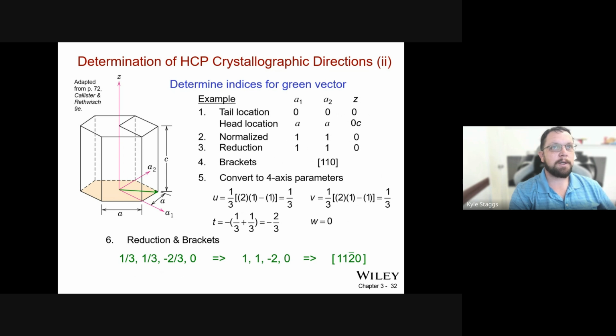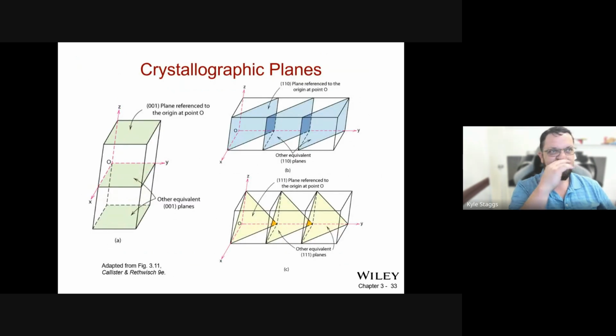And I'll see if I can pull in a couple additional helps for you guys to visualize a little bit more clearly what these planes are making reference to, because the diagrams in the book are helpful, but they're not telling you the full and complete story.